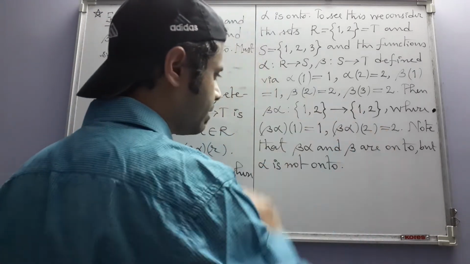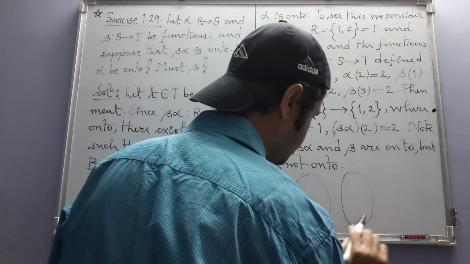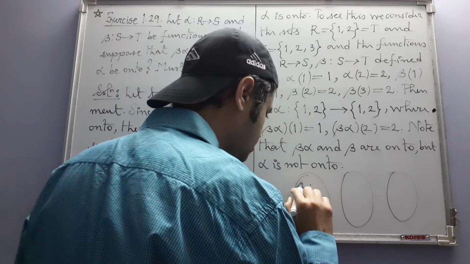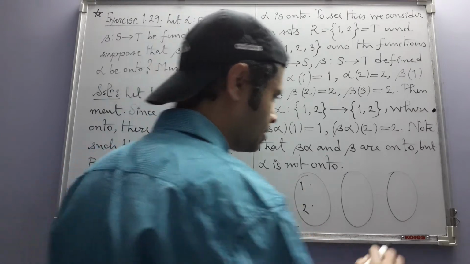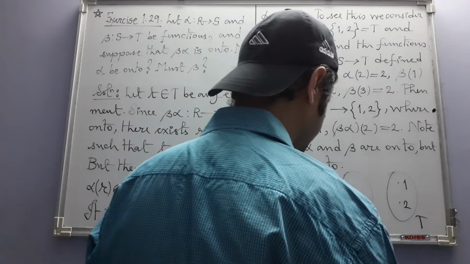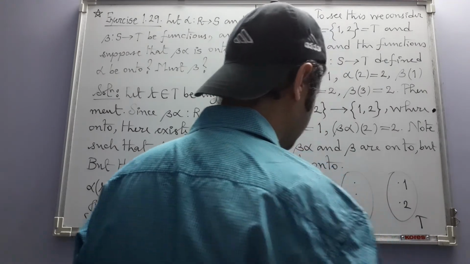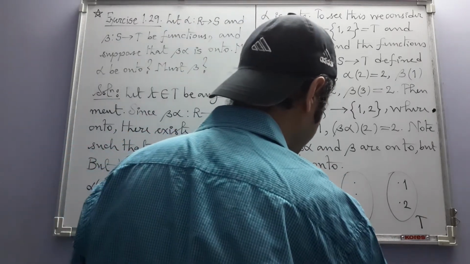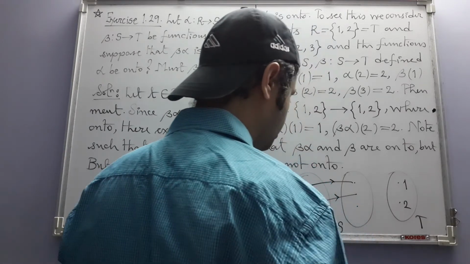Now to see this entire thing at once, you can draw a figure like this. So this is our set R. The set T also has the same things. R and T are the same. S has three different things, 1, 2 and 3. So alpha maps 1 onto 1 and 2 onto 2.